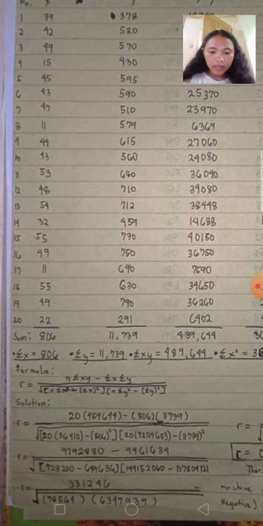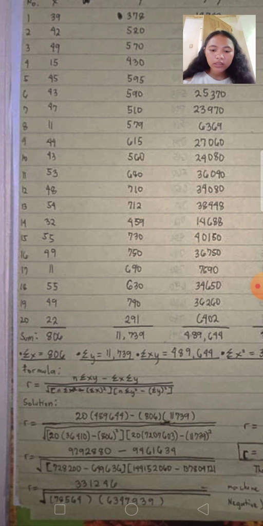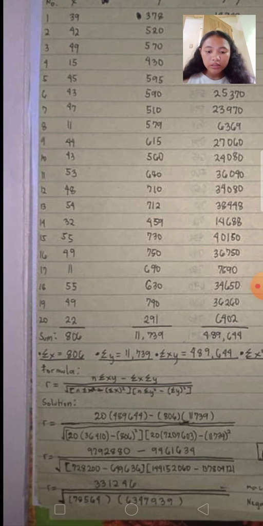Then after that, i-total nato ang nasa upper part, which is ang naging result niya is 331,246. Then, ang sa baba niya is naging ano na lang.